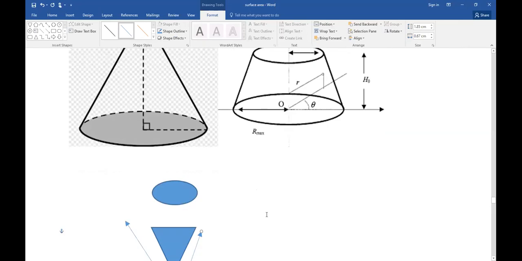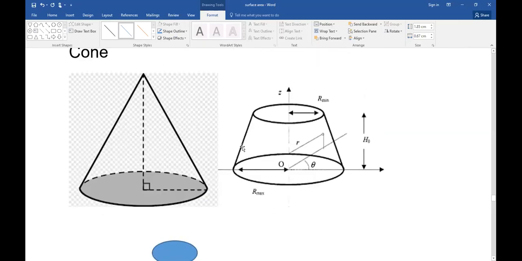Slant height is always not the same as the height, because height is perpendicular to the base. As you can see here, this is a base, and from here to here we have the radius.